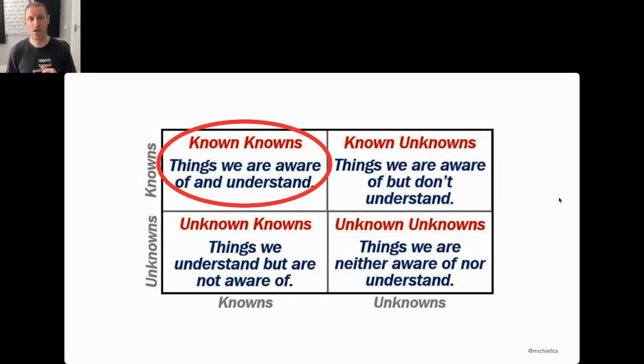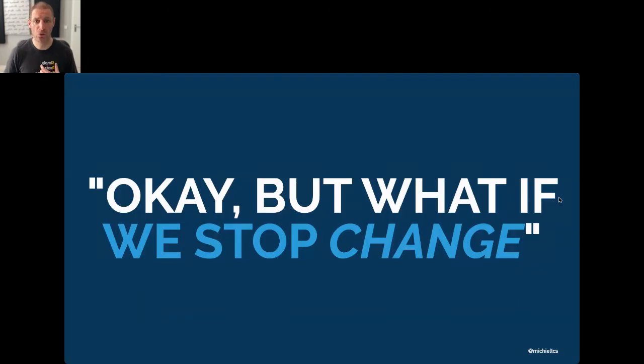Okay, cool. So let's just stop changing then, because if our changes end up building a complex distributed system, if changes cause problems, if changes cause incidents, then we maybe should just stop changes. And again, this is a way of feeling that you see more often.